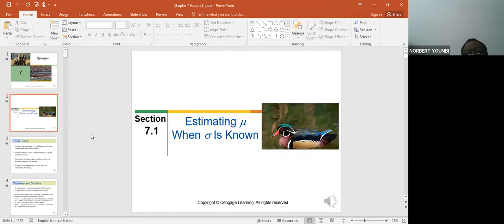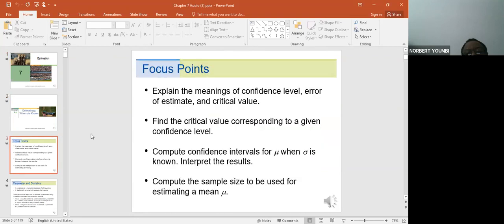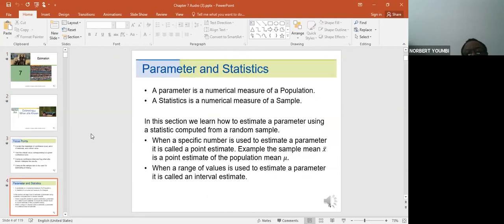(7.1) Estimating the mean when sigma is known. As we learned in chapter 1, a measure from a population is called a parameter, and a measure from a sample is called a statistic. In general, we use statistics to estimate parameters.